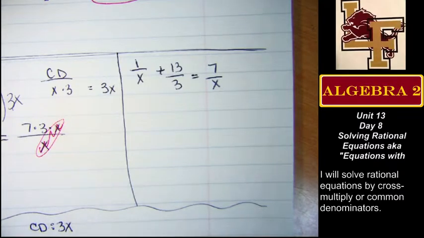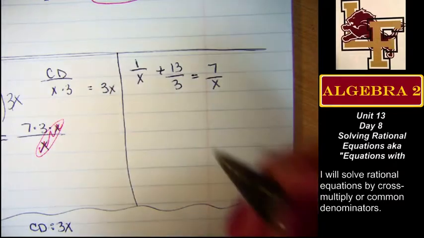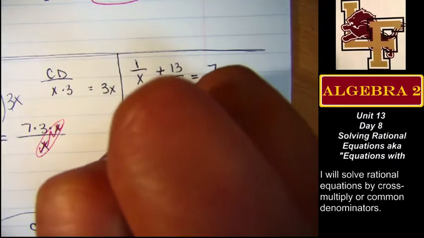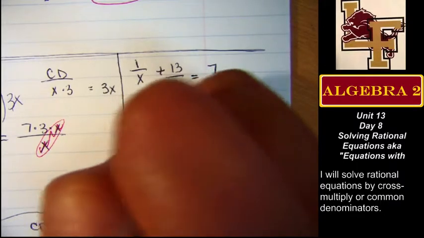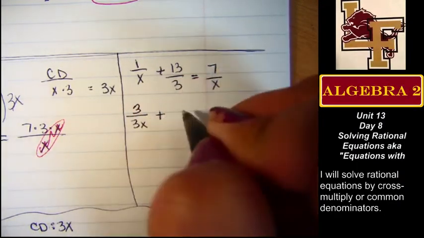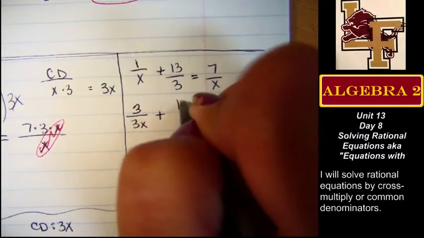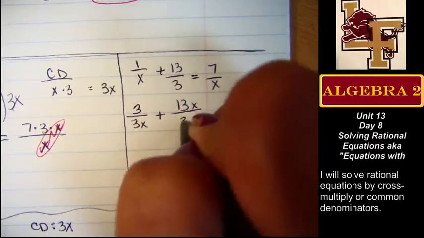I don't need to do anything on the right side of the equation. It's already a fraction by itself. So I'm just going to play with the left side. In order to add those fractions, I have to have a common denominator. We've discovered already that the common denominator was 3x. And from the second example, I already saw that it turns into this.